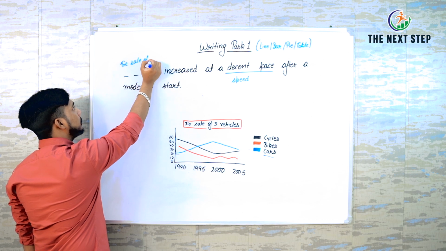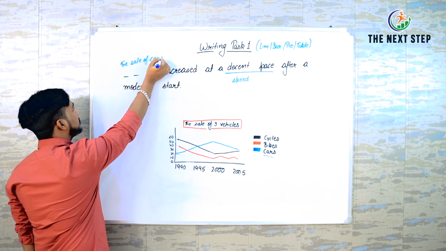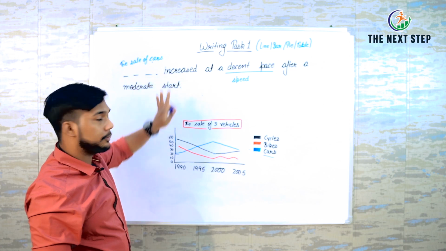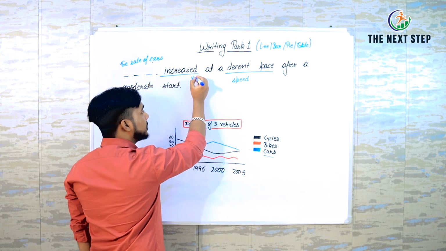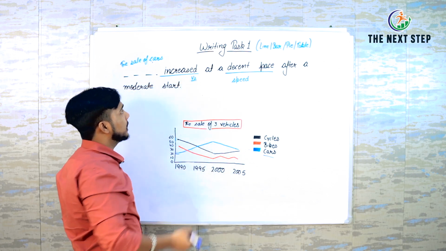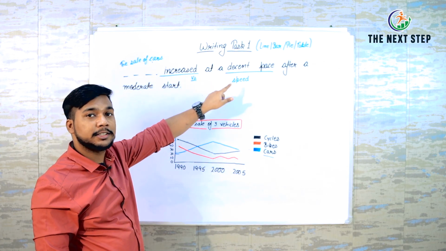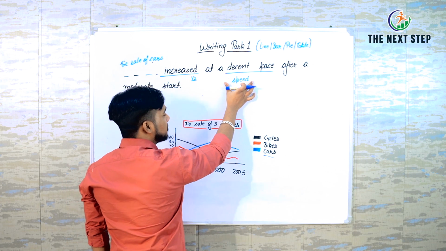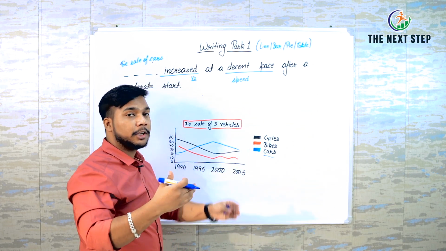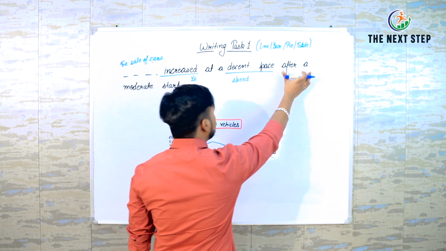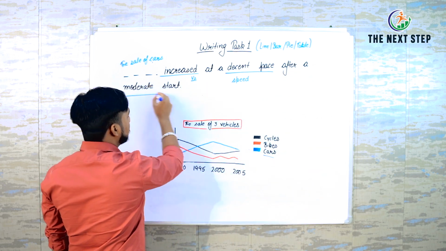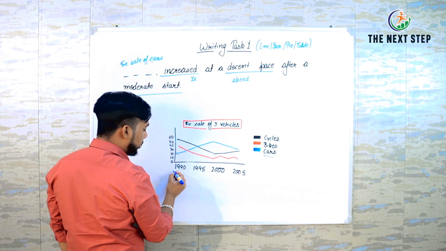My verb, as it is about past, I am using the second form. Increased at a decent pace. Decent pace means the speed. It's not very fast or very slow. After a moderate start. The start means here.